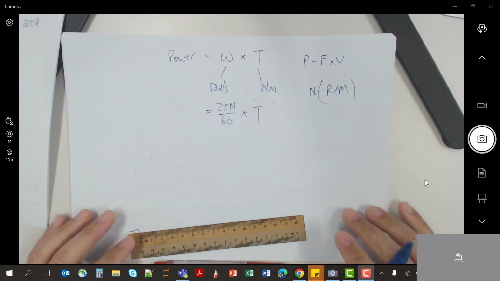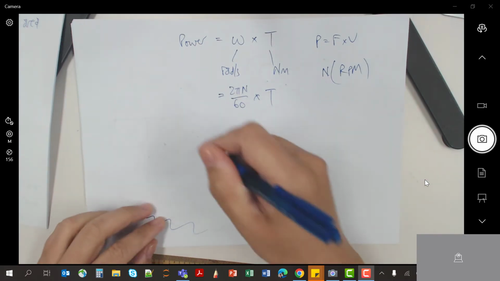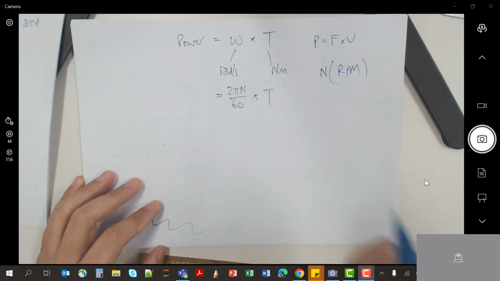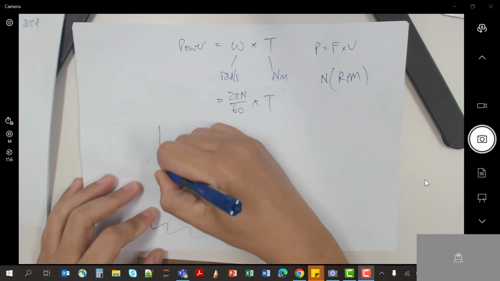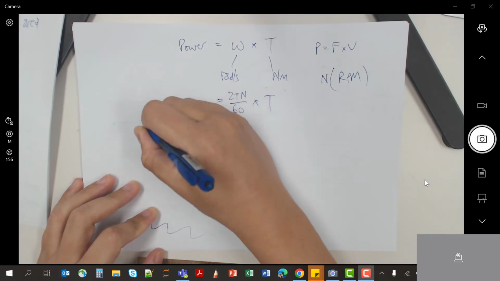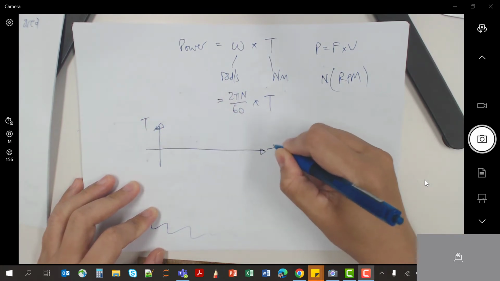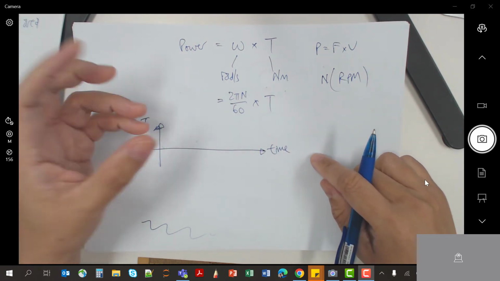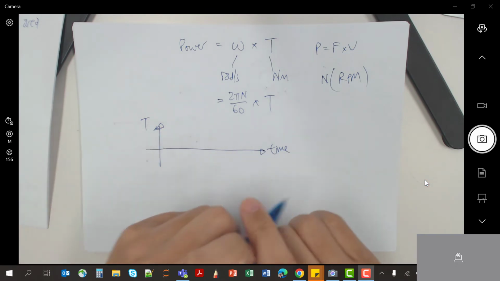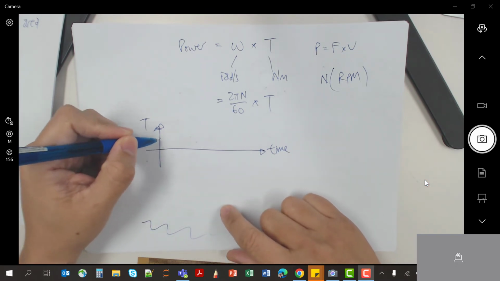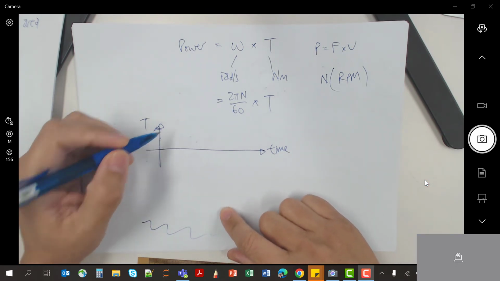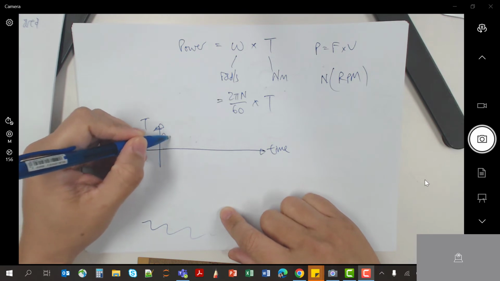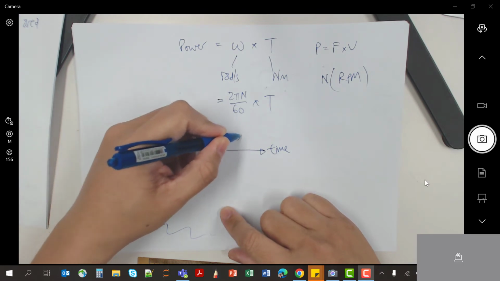Last but not least, there is this aspect of a fluctuating torque. A fluctuating torque, because along with time, if your shaft is connected to some generator or something, this torque that is operating is always fluctuating.